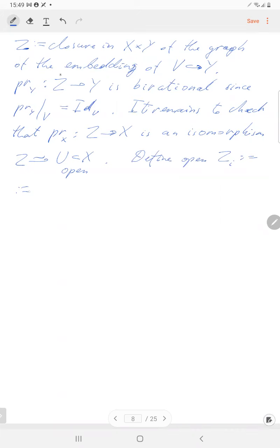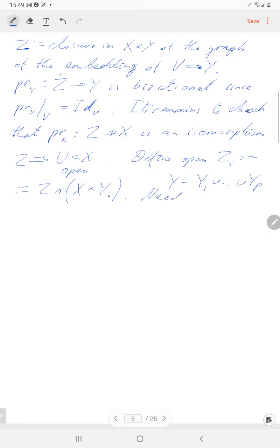By definition, this is Z intersected with the product X times Y_i. Okay, so we had this open cover, Y equals Y1 union so on union Yp, and this is one of the open subsets in this cover. Now we want to show that this Z_i is the graph of a morphism from some U_i in X, and then we will be done.